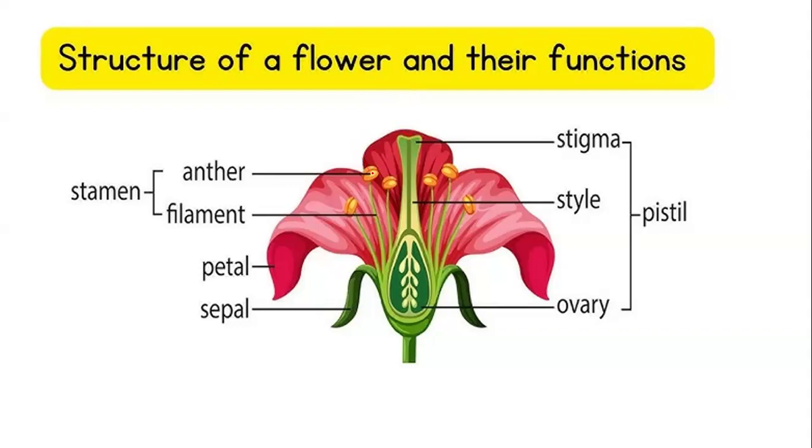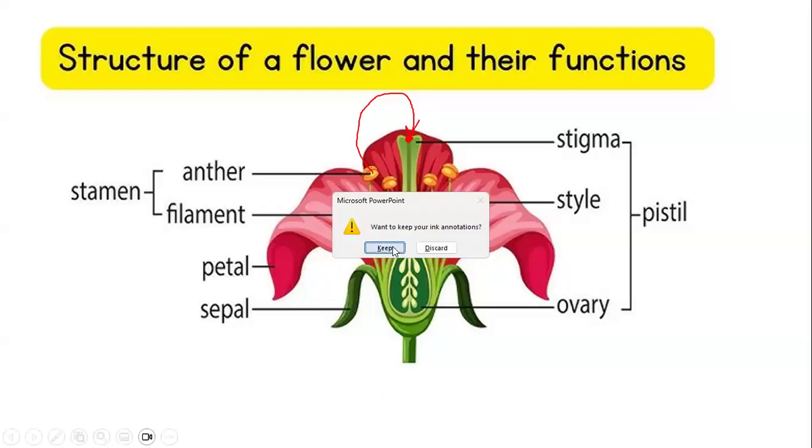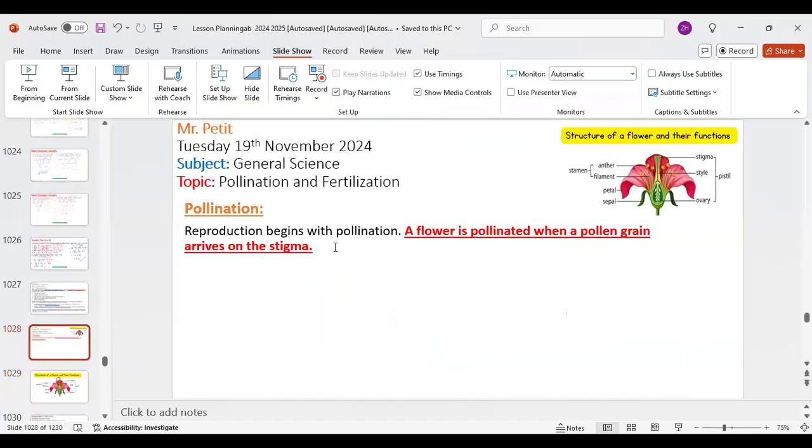When the pollen from the anther goes to the stigma, what do we call that? Pollination. All right, that's what I mean by pollination. So a flower is pollinated when the pollen grain arrives on the stigma.